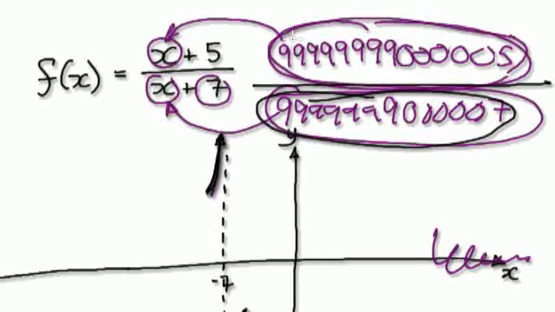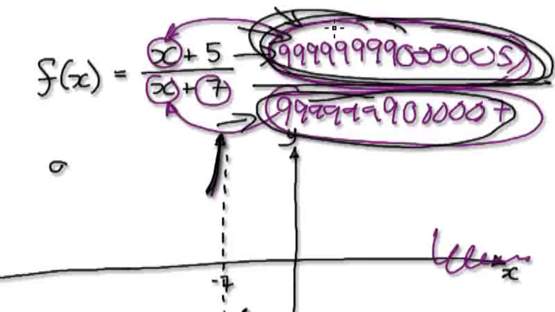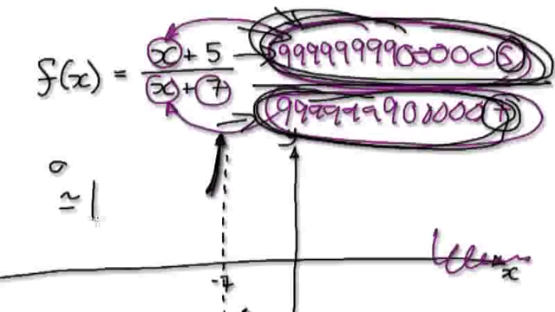The point is that I don't know if you can punch this number into your calculator, but when you get a very very big number that differs by a small amount, it will be approximately 1.